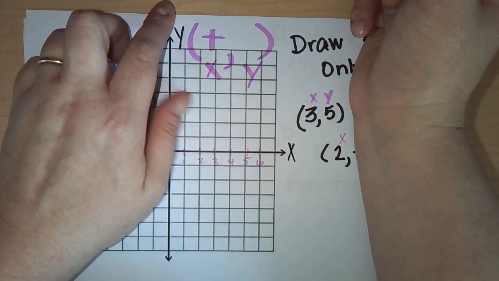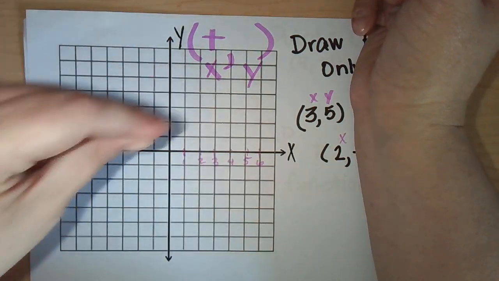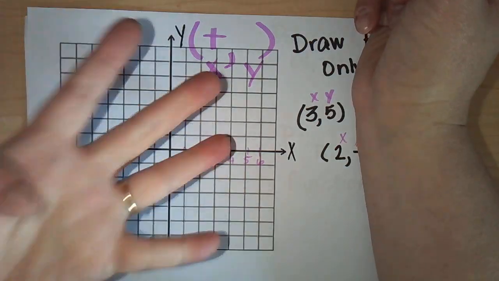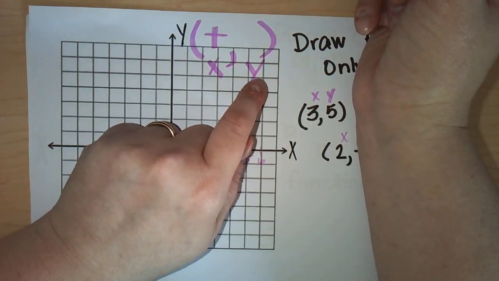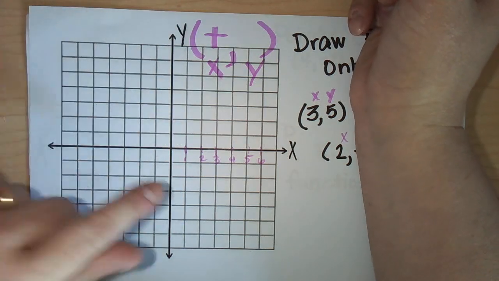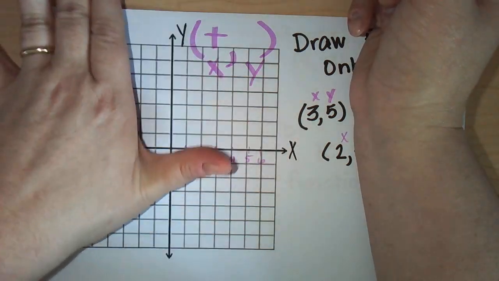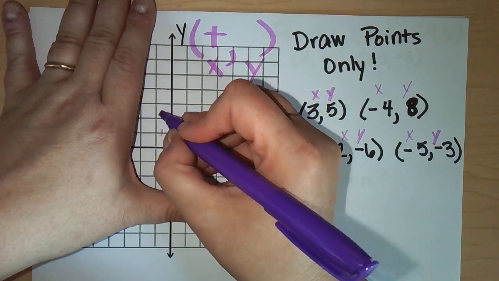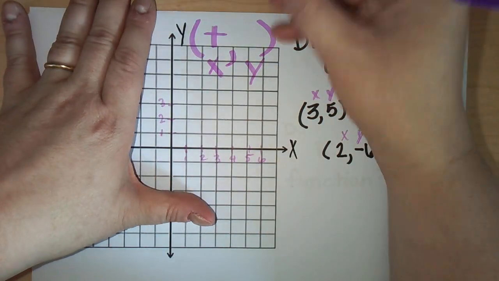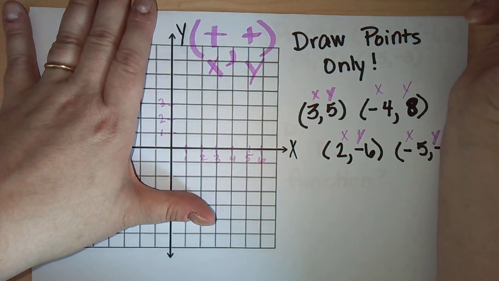Quadrant means 4 pieces. Quad means 4. So there's 4 pieces to this graph, and we're looking at one of the 4. The X's are positive, and then let's see what the Y's are. When we go up, we count with positive numbers. So the Y values are positive over here.